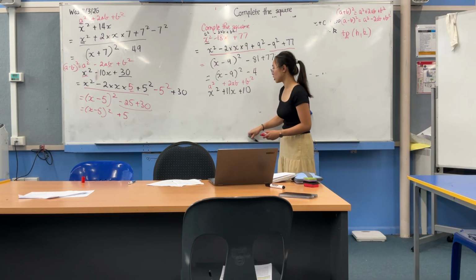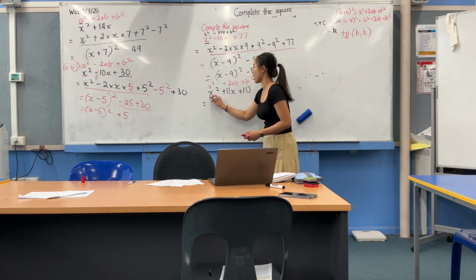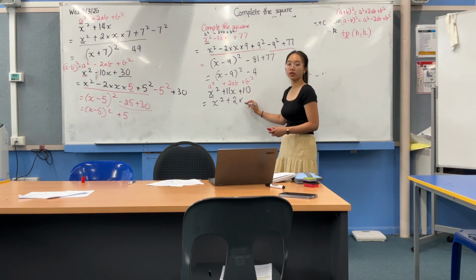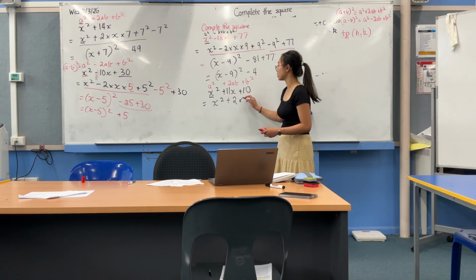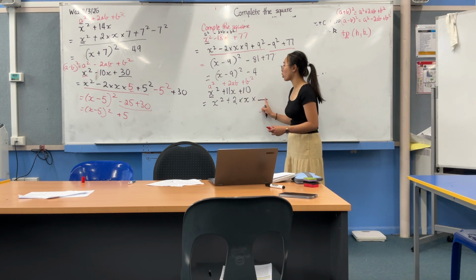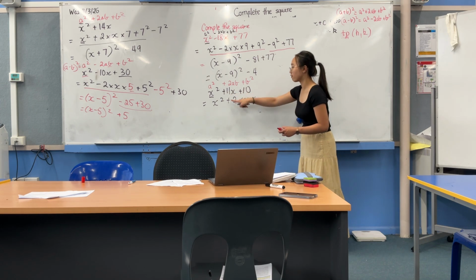So a is my x, squared, plus 2 times a, which is x, times b. Now b will be the number that multiplies with 2 to get 11. In another way, you can get 11 divided by 2.